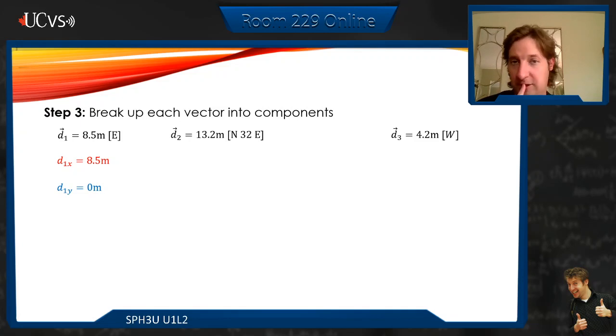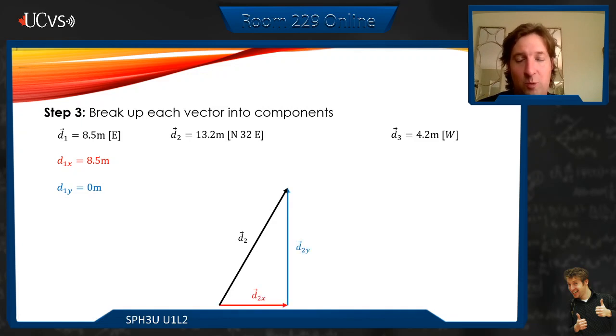Now d2, this is more complicated. We have to do a little bit of trigonometry, right? Because this is now going to be a vector not in one of those cardinal directions. So I have to break it up into a y direction and an x direction. All right. And now we know that this is right here from the question. This was 32 degrees.